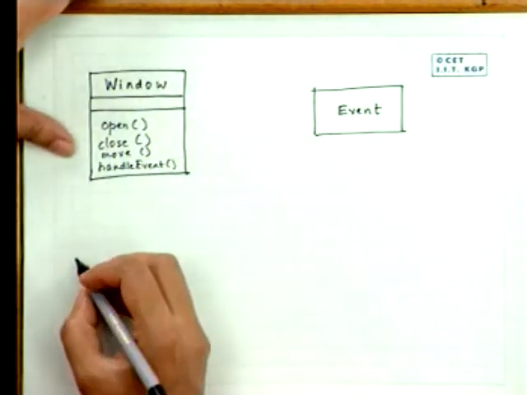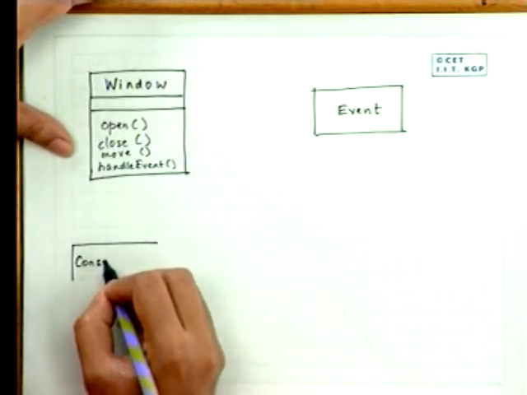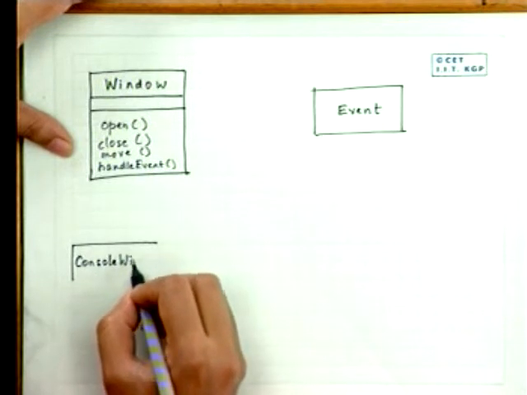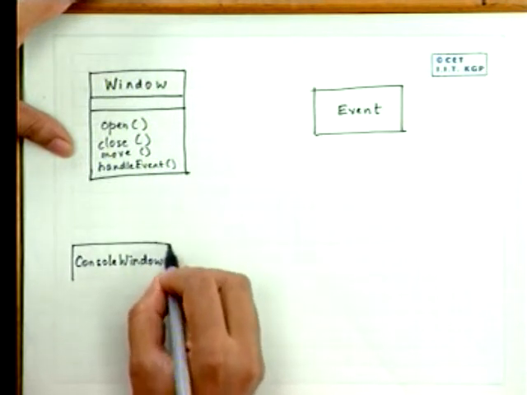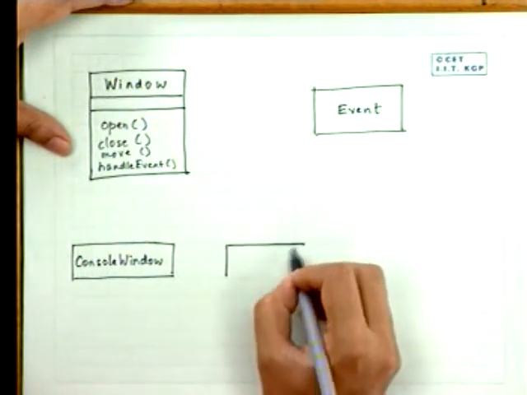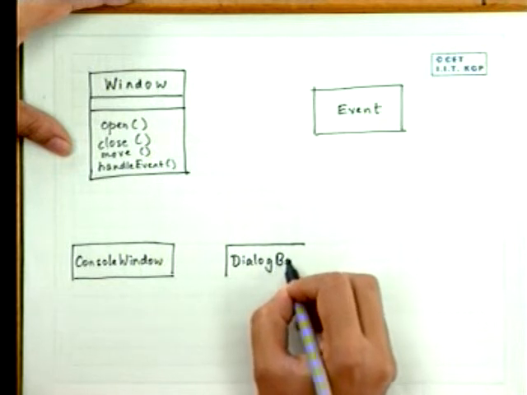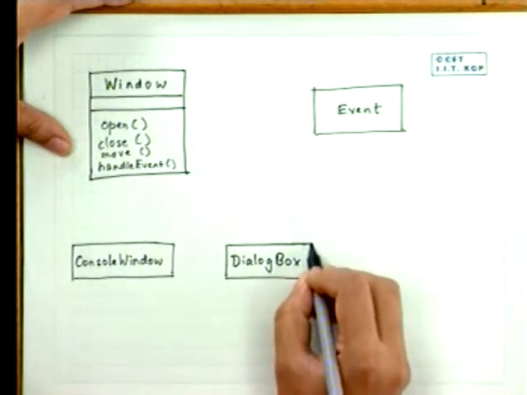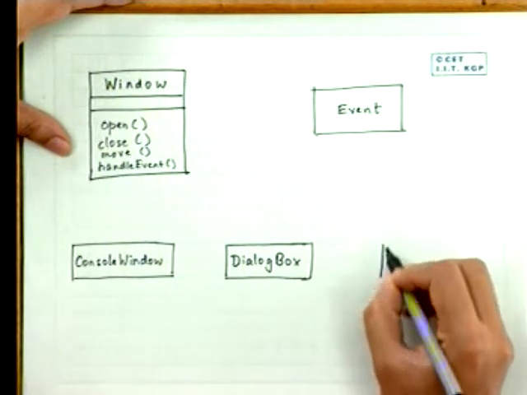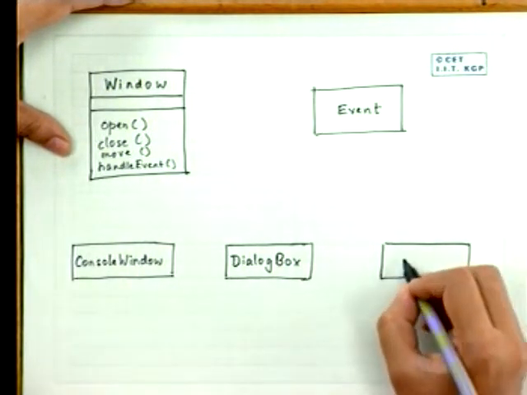For example, we have a console window, and we have a dialog box, which is another kind of window. And we have a control, which is a class that is part of our implementation.